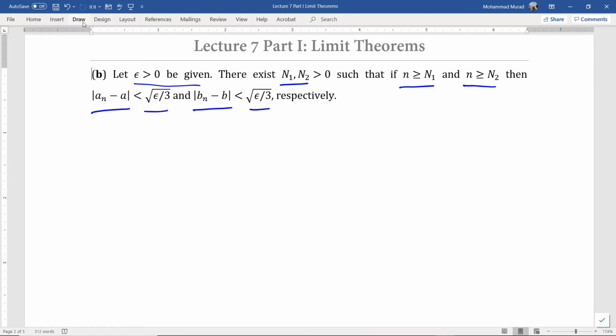The choice of such complicated quantities here, the square root of epsilon over 3, will be made clear later in the proof.